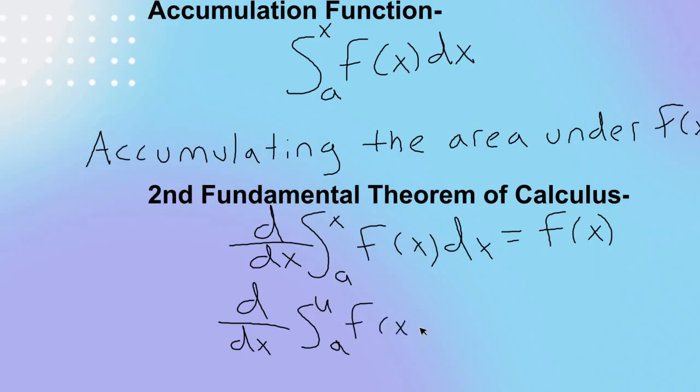They still undo each other, but now we have to plug in whatever's there, as well as multiply by the derivative of that. And we'll look at some examples.